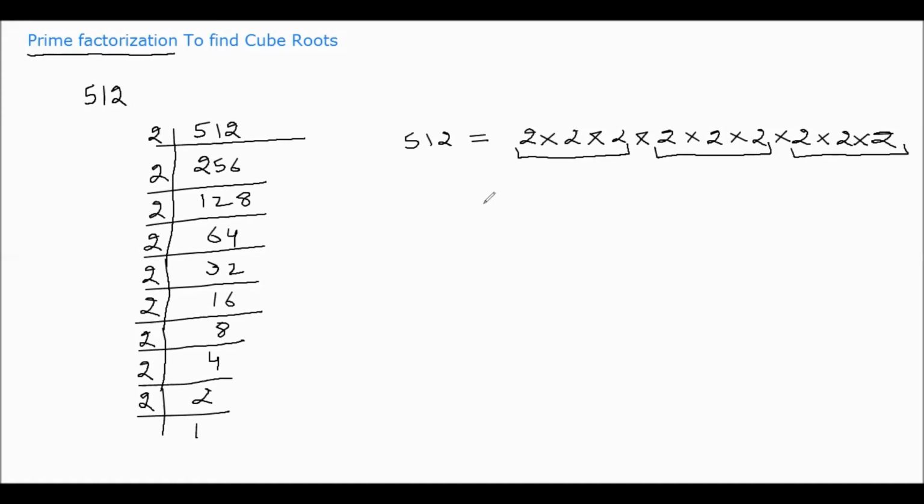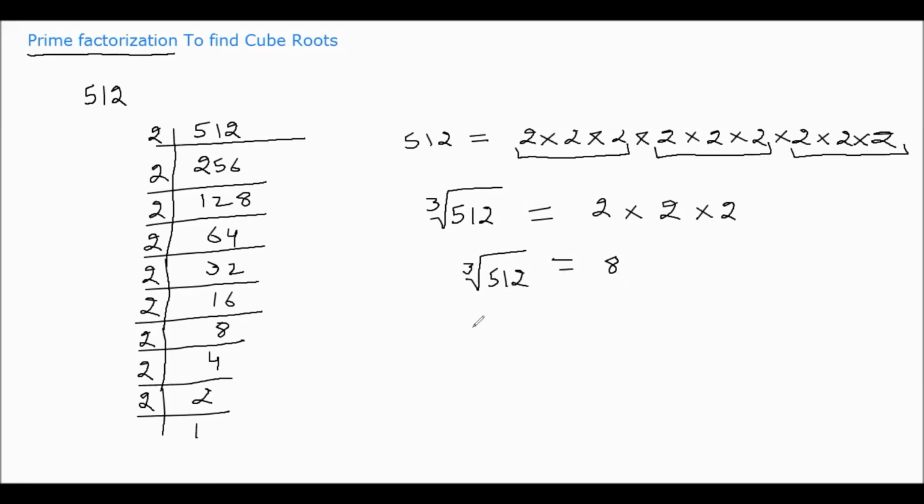So when I take out these numbers from the cube root, I'll write it only one time. So 2 into 2 into 2, so it will be 8. So cube root of 512 is 8.